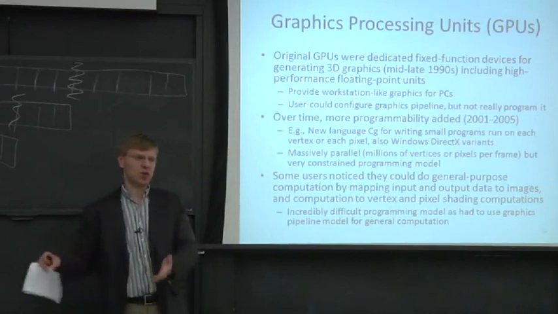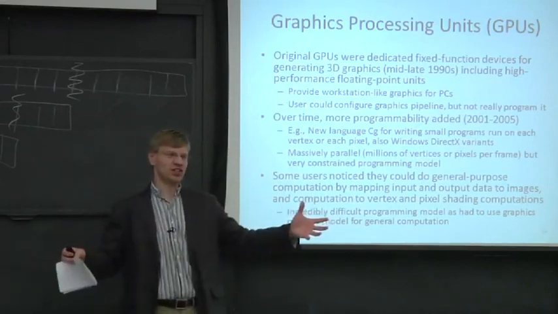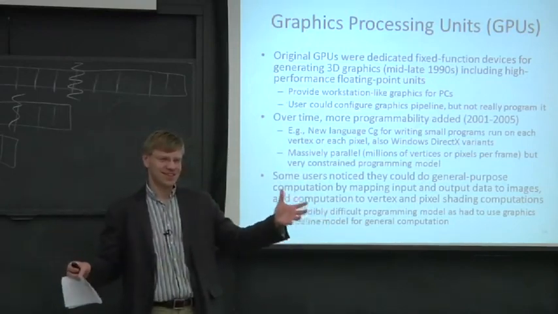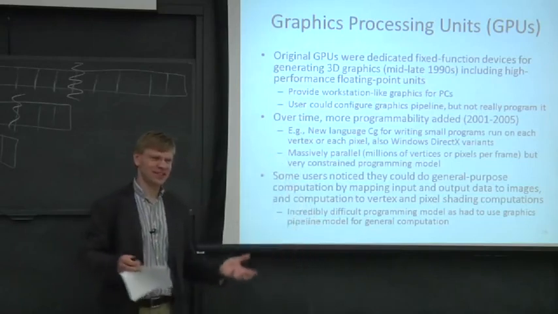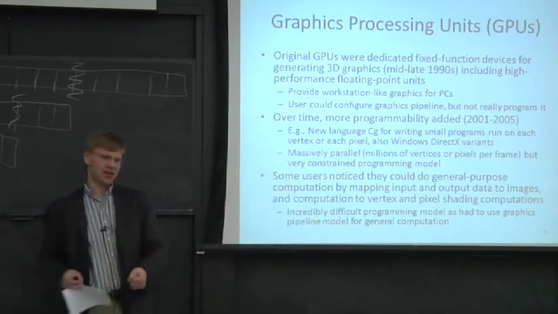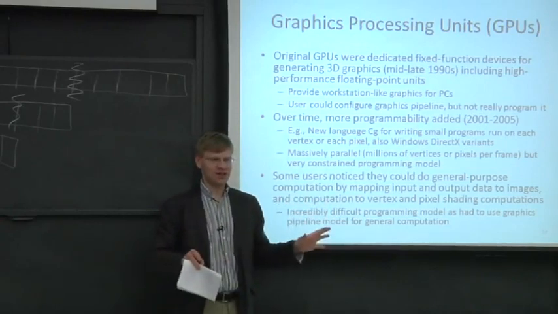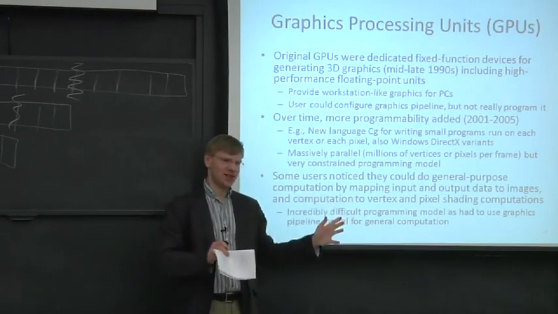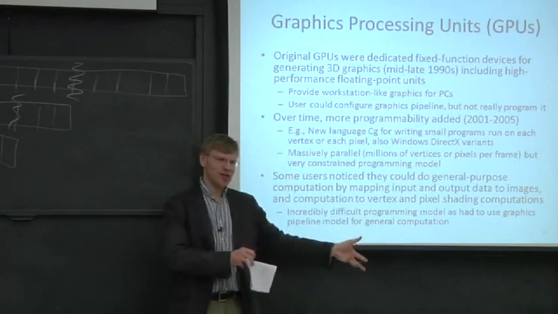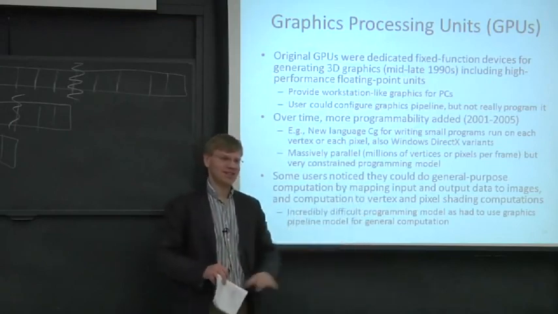So you could try to do a matrix multiplication, and the result would be a picture. Kind of a strange idea. We take one picture and another picture, and we run some special shading on it, and all of a sudden the output actually is the result.